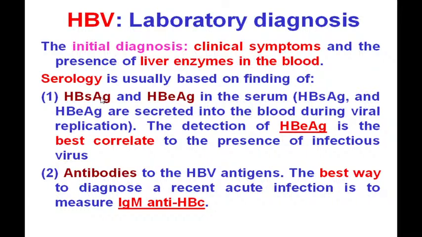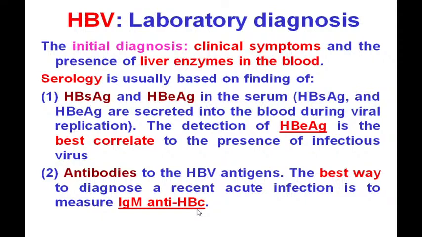Hepatitis B core antigen is not released into the bloodstream, but because it is a major protein, high levels of antibodies will be produced.